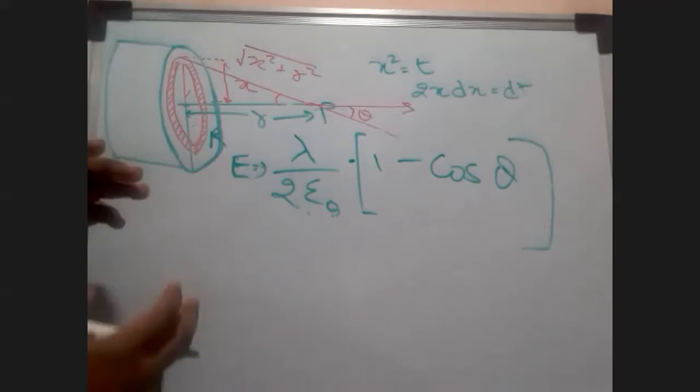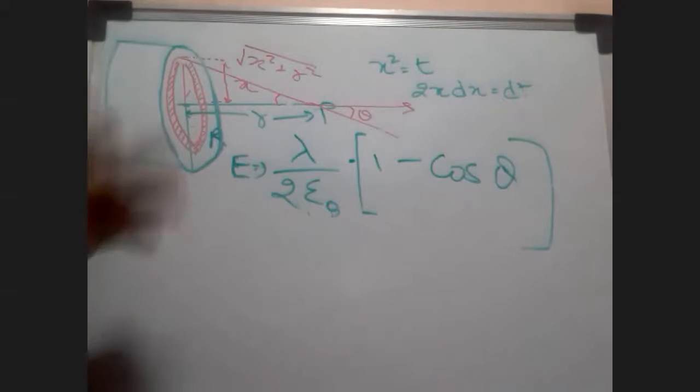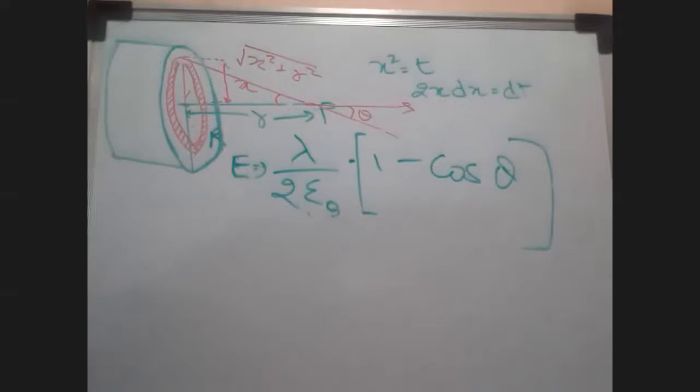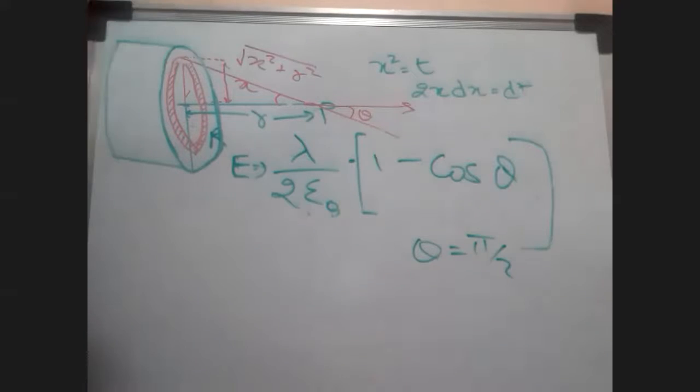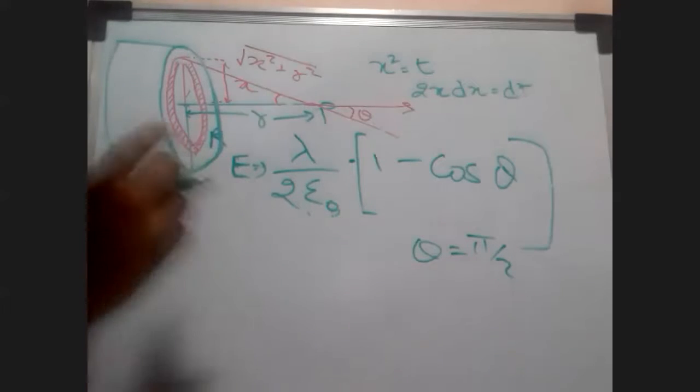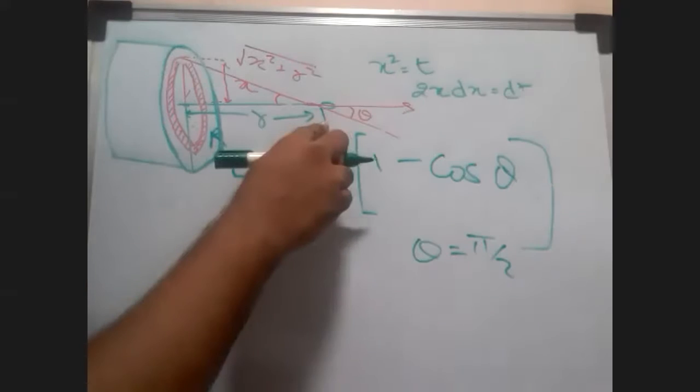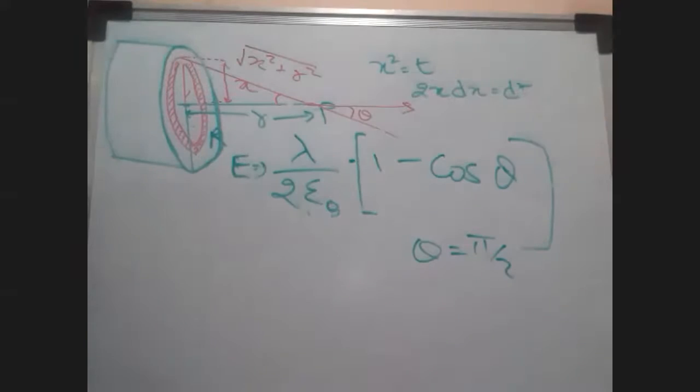It will become an infinite sheet. Just by putting theta equal to pi by 2, you will get the value of the electric intensity on this point P due to a uniformly charged infinite sheet.